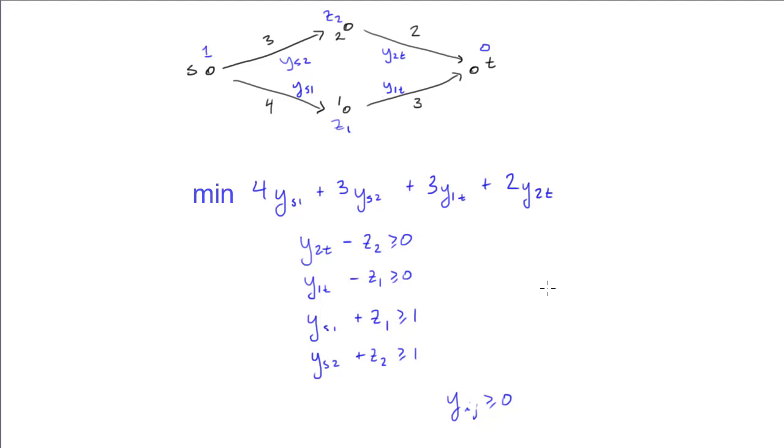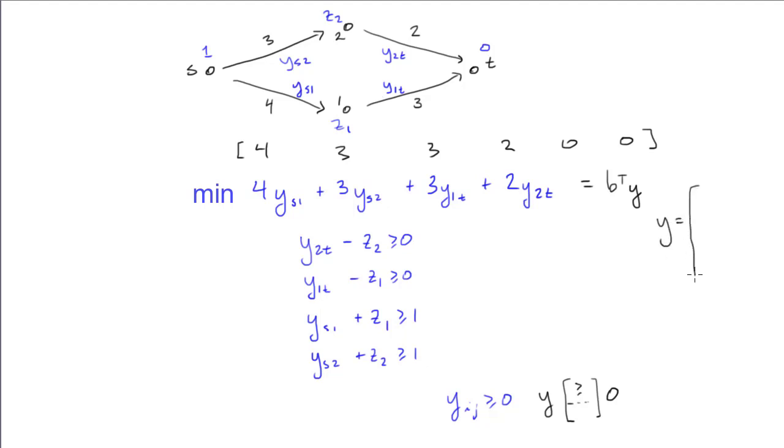Rewriting it as a vector. Two zeros for the z's. The first 4 components are positive, the second 2 components are unrestricted because they come from the equality constraint. z1 and z2 are unrestricted and the y's are positive.